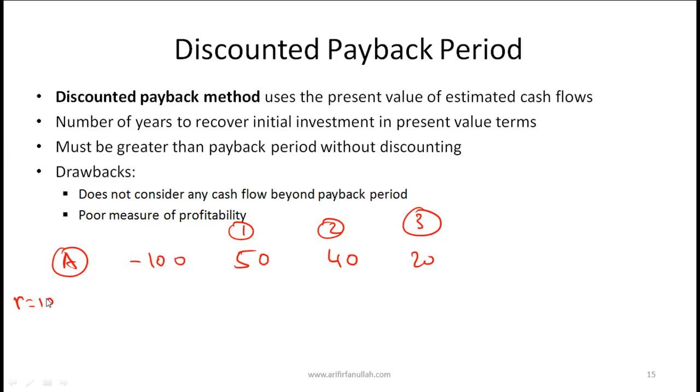Let's say the discount rate is 10%, and instead of using 50 we will use 50 over 1.1, instead of using 40 we will use 40 over 1.1 squared, and here we will use 20 over 1.1 cubed. So all we are doing is, rather than using the actual cash flow, we are using the present value.